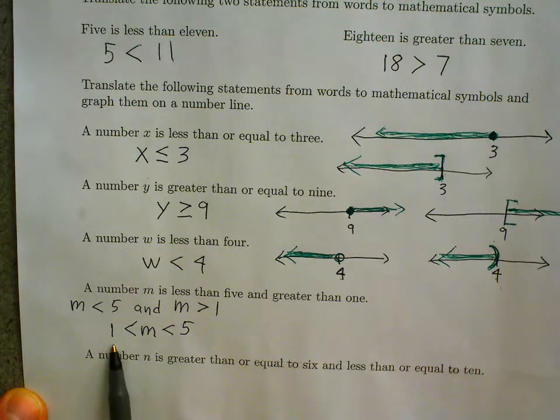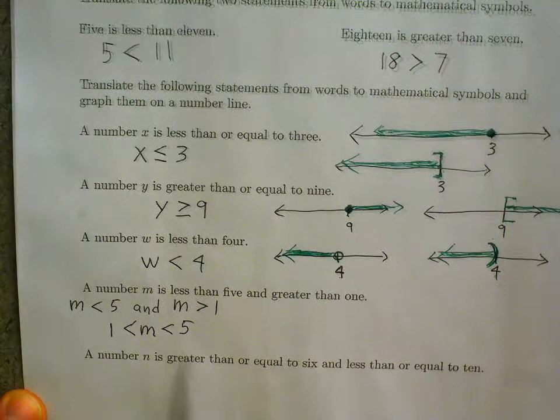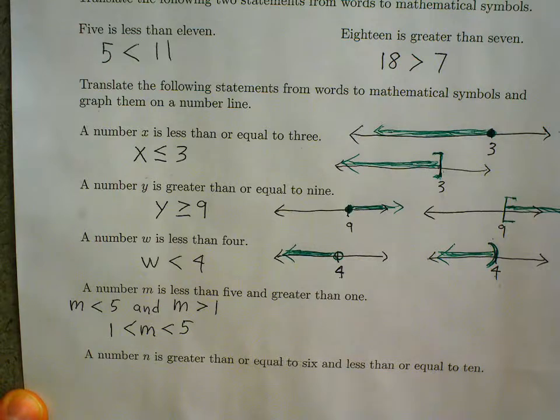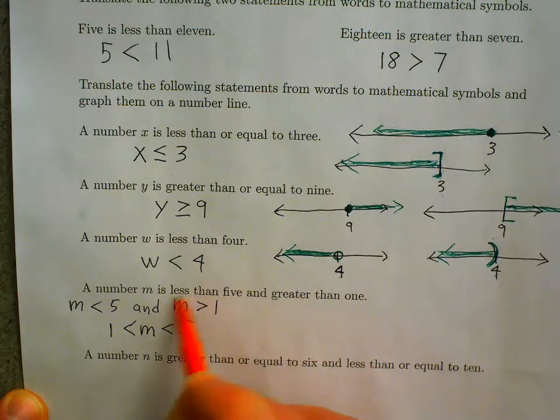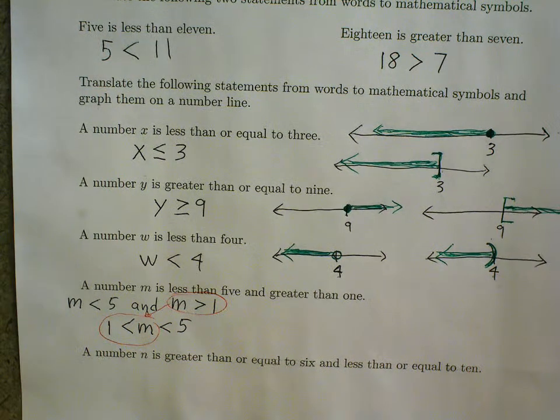And reading it from left to right, we would just say 1 is less than m and m is less than 5. Or 1 is less than m, which is also less than 5. Notice the m greater than 1 is equivalent to writing 1 is less than m. Those mean the same thing. Do you see that?